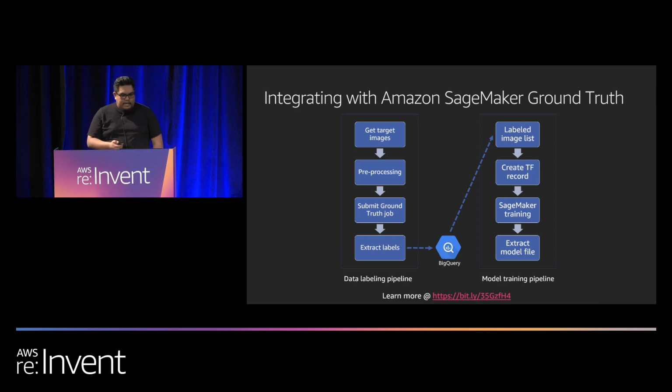And then at the end, we produce a model file that we can evaluate and deploy as needed. If you want to learn more about how we use Kubeflow to orchestrate these pipelines to continuously improve our computer vision models, I have a link here to a talk a teammate of mine recently gave at KubeCon just a couple weeks ago.